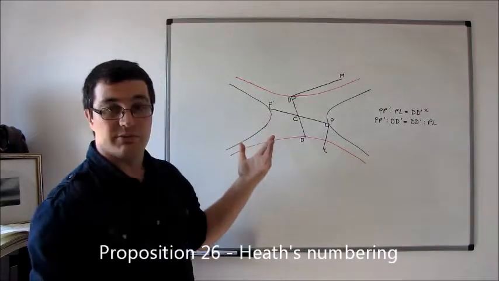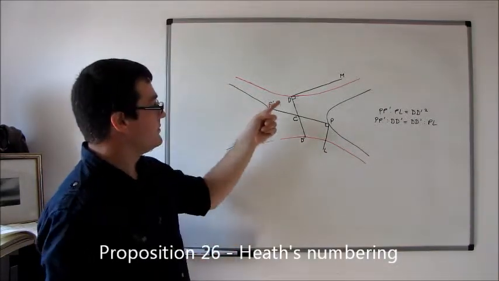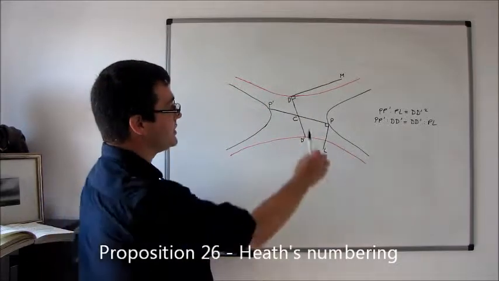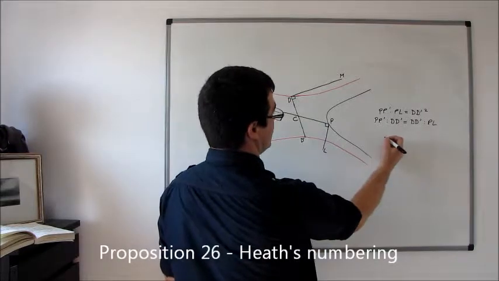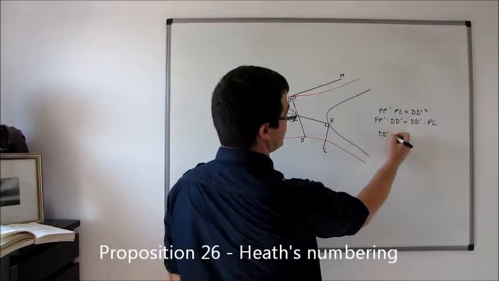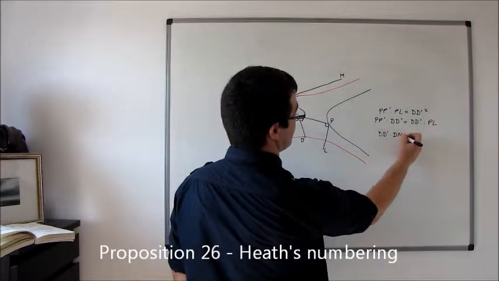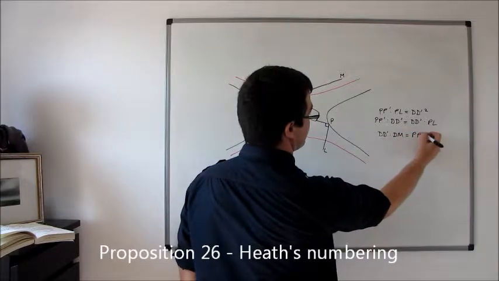And similarly, we can play the same kind of game with DD'. We can draw a line of length DM in such a way that DD' times DM is equal to PP' squared.